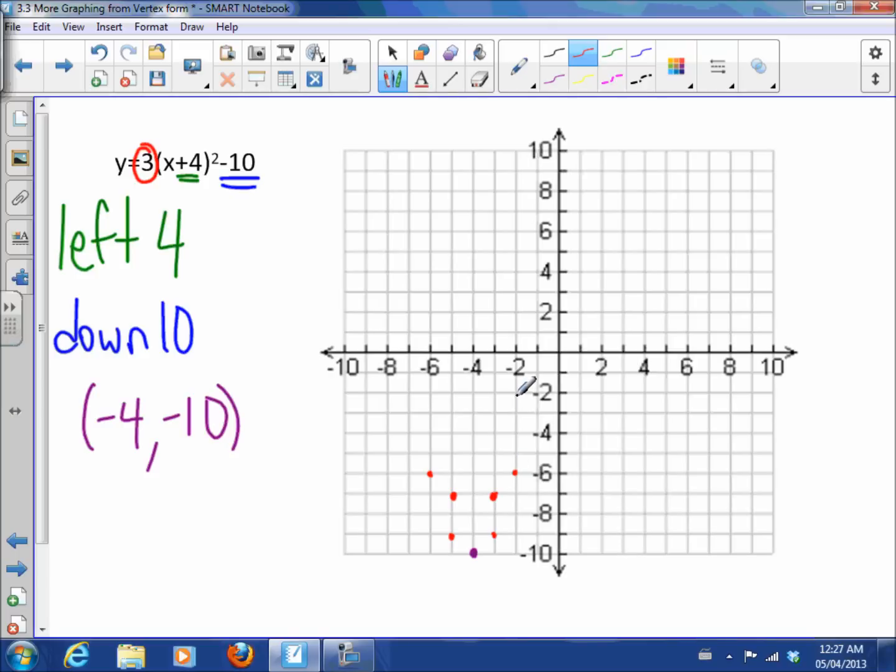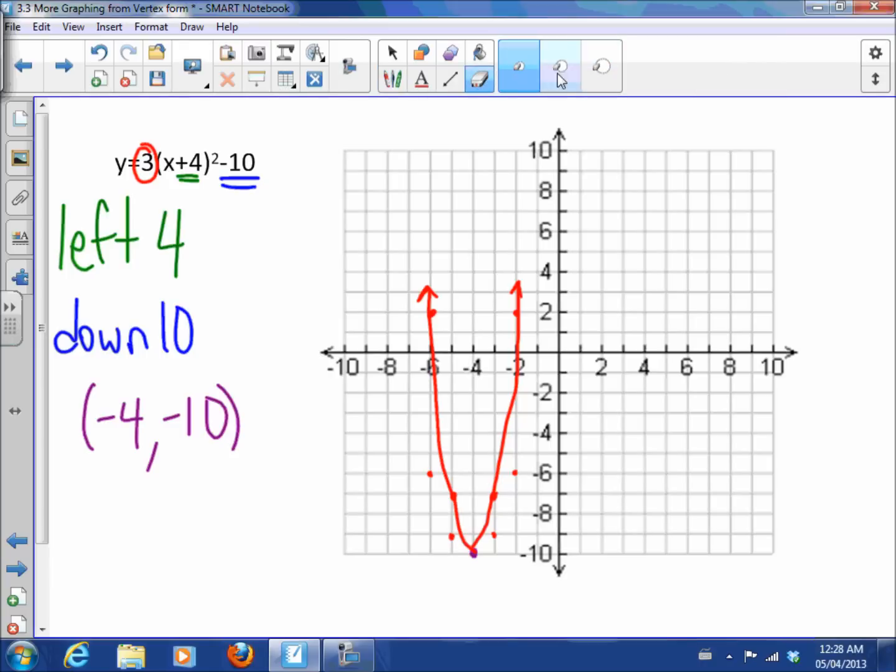So 4, 8, 12. 4, 8, 12. Okay, so there's our new parabola. And this old part is actually gone. So there's our parabola. It's been moved to the left 4, down 10, and it's been stretched by 3.